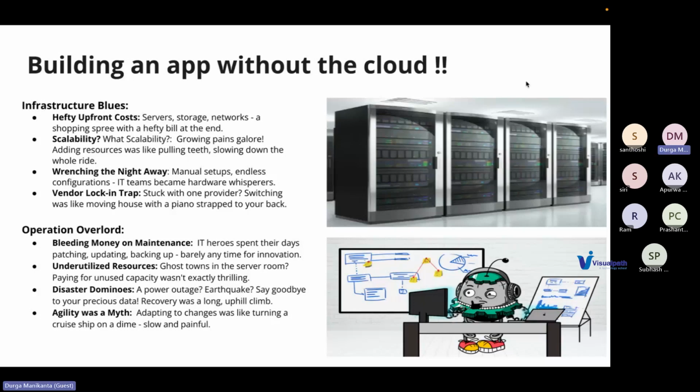A rack is simply like shelves, basically, where your servers are placed. So it usually takes around 1 to 2 months to build the hardware, configure it, and then install the OS and the database.